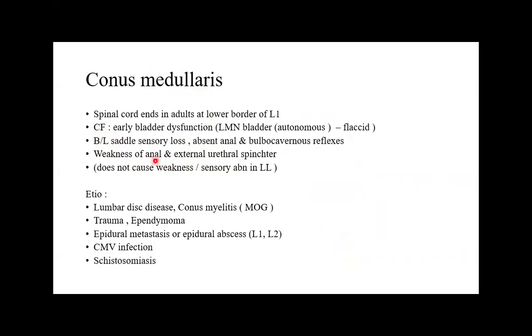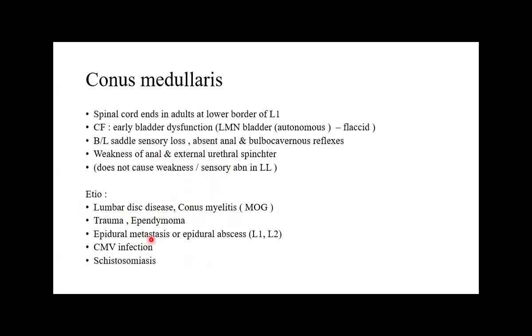It's an LMN type of bladder, bilateral saddle sensory loss, absent anal and bulbocavernosus reflex, and weakness of the anal and external urethral sphincter, but they do not cause any weakness or sensory abnormality in the lower limb.